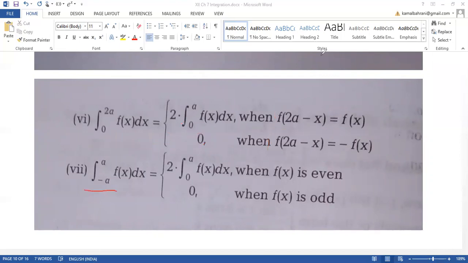Then the next one is an important property. This will be used many times. The integral from -a to a of f(x) dx is equal to 2 times the integral from 0 to a of f(x) dx when f(x) is an even function. Now what is an even function?